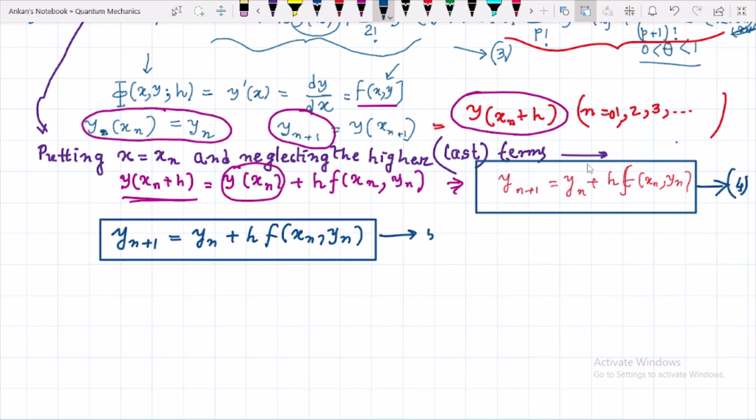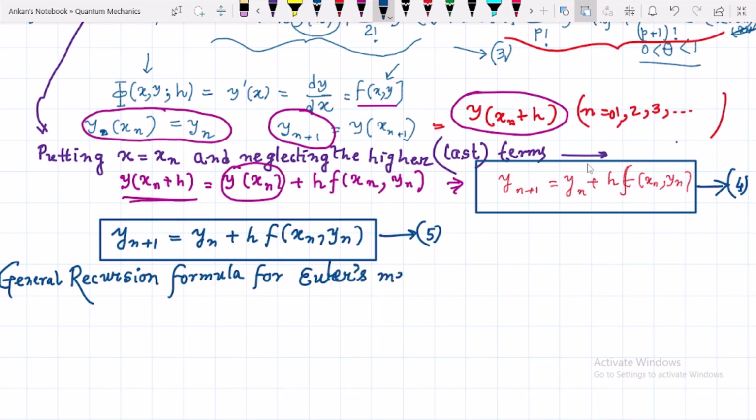This is the general recursion formula for Euler's method, which is a single step method of order 1.